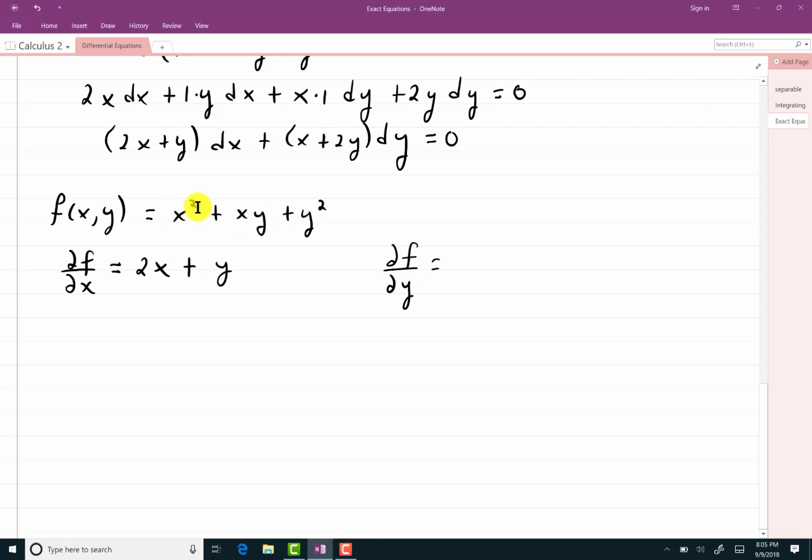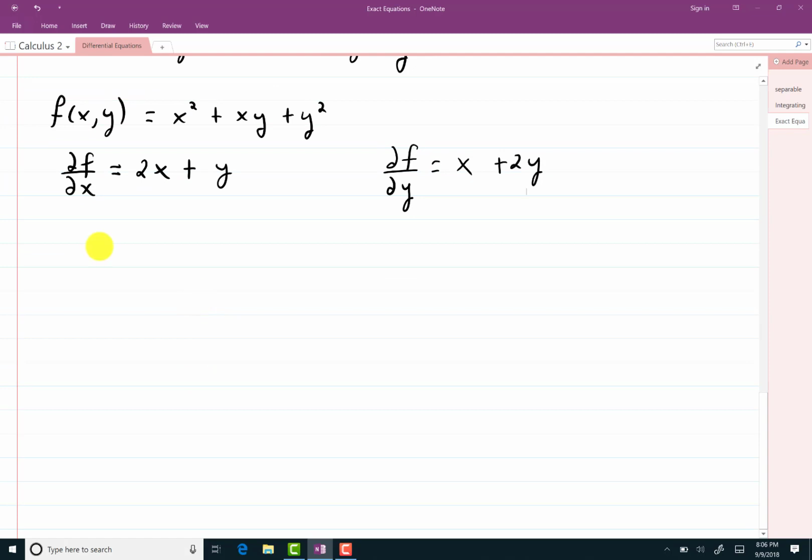So when you take the derivative of y with respect to y, the x disappears. And so this part right here will be x times 1, or just x, and then y squared will become 2y. And you can see these are exactly what I have here and here.